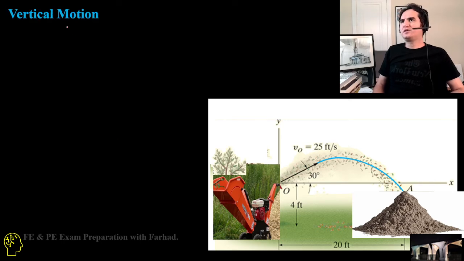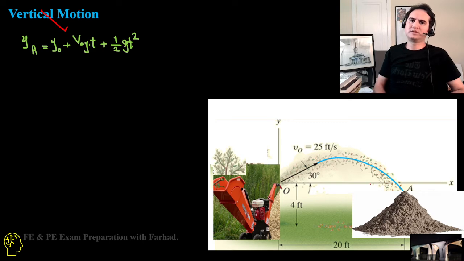And in the vertical direction, we have yA, the height of A, from the same origin. We consider this height, I mean 4 feet, as y naught. So y equals y naught plus v naught y times t plus a half of g times t squared.